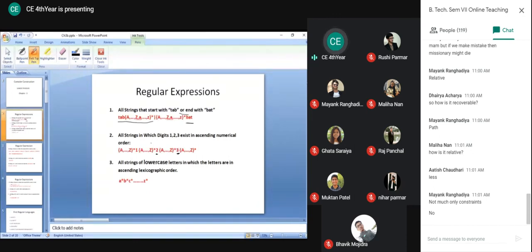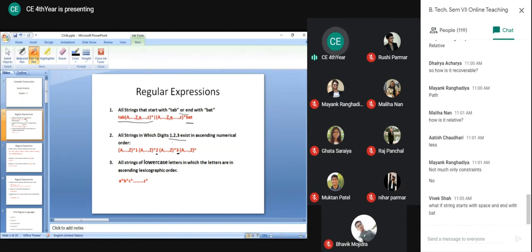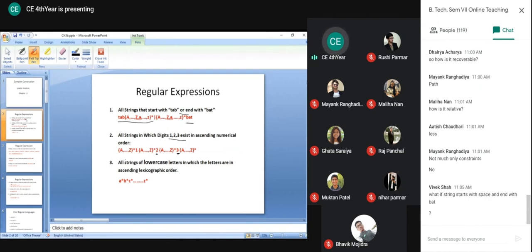Now, all the strings in which the digits 1, 2, 3 exist in ascending numerical order. So you can see that all 3, 1, 2, 3, exist in ascending numerical order. That's why we have 1, 2 and 3. They are in ascending numerical order. All 3 are compulsory. All the strings of lowercase letters in which the letters are in ascending lexicographical order.